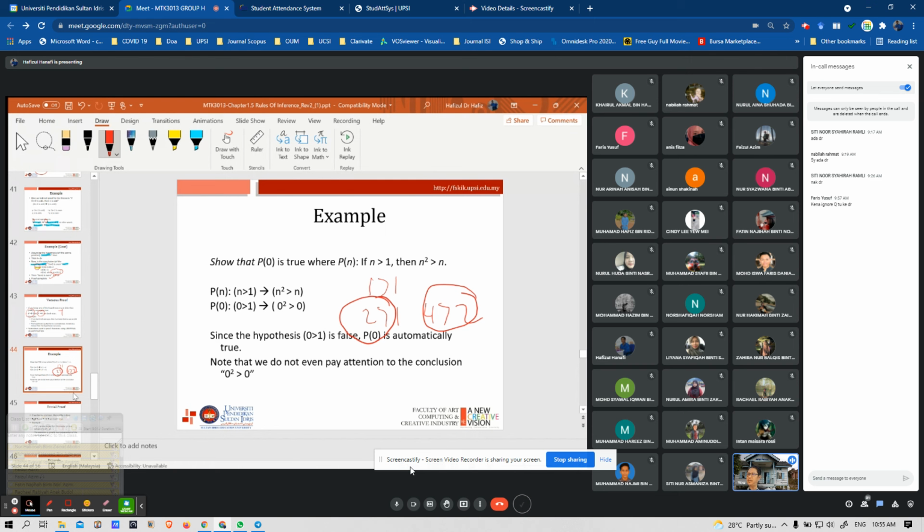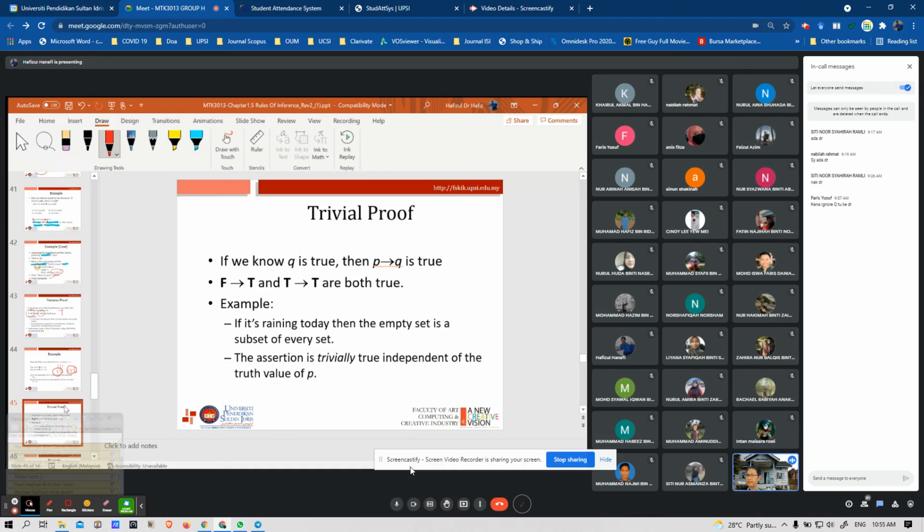Okay, and then we have trivial proof, which is different from the vacuous proof, because for this one we have false implies true and true implies true, which are both true. For vacuous it is false implies false.